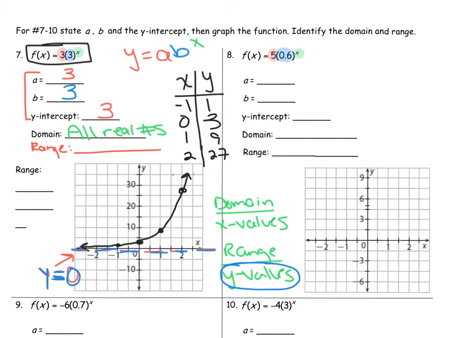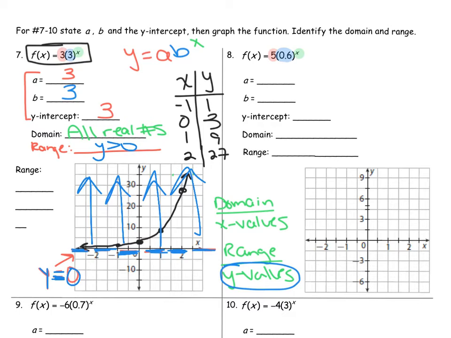No, we just said you can't cross over the x-axis, so it's not going to touch the x-axis. There's this little barrier here. You can't cross over the x-axis. So if I can't cross over the x-axis and all my y values are going up and up and up, well, I'm looking at when y is greater than 0. Okay, so that's my range.